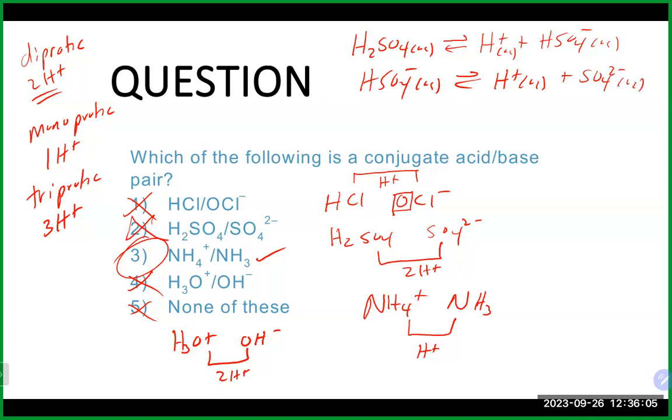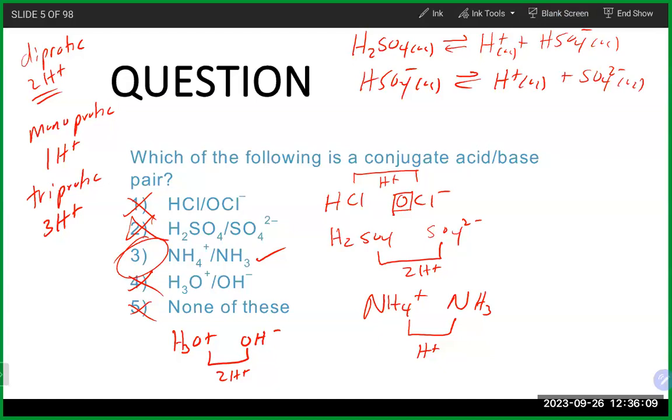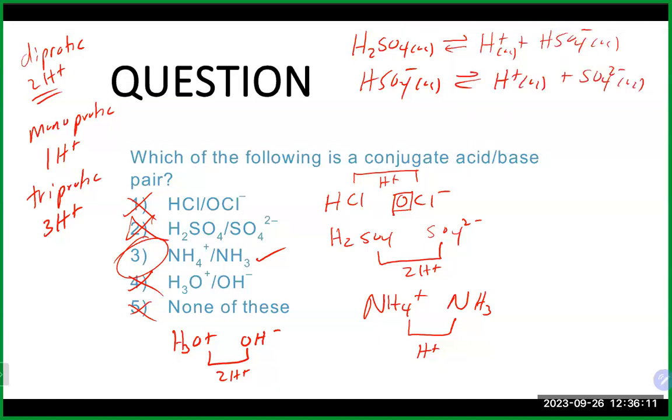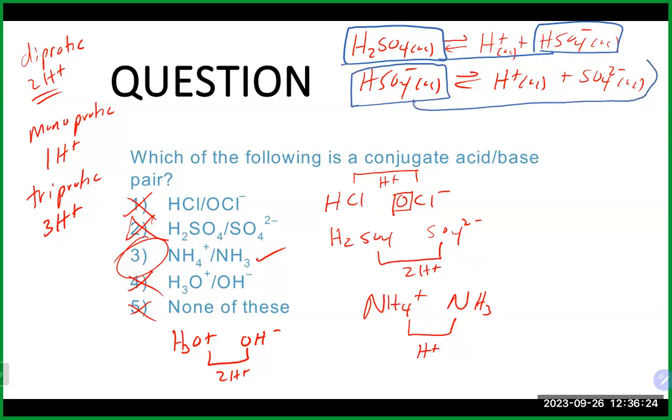So when we look at this, the things that are pairs, as I blank the screen for dramatic purposes, are this guy and this guy. The difference here is 1 H plus, and they would be partners. This guy in the second equation and our sulfate here would be partners as well.